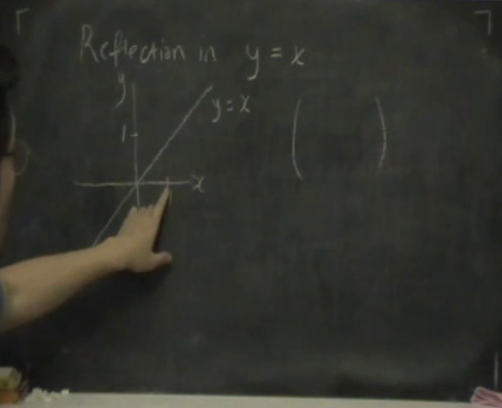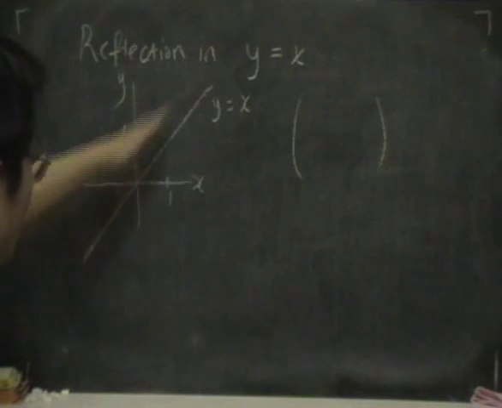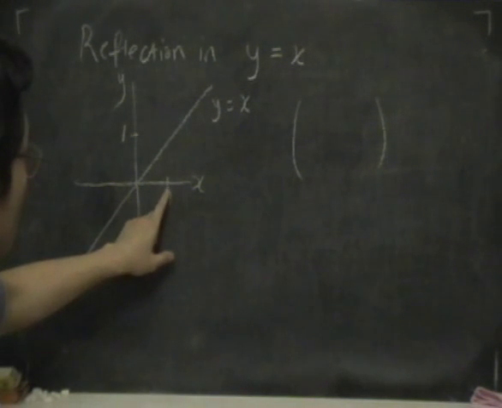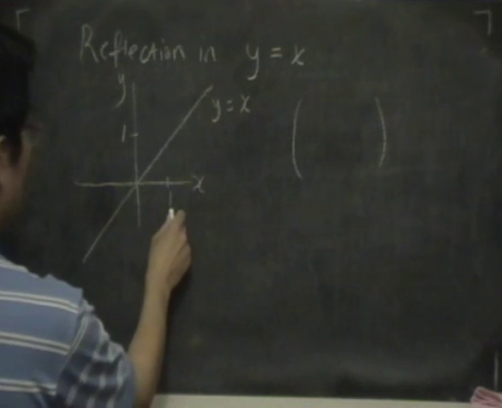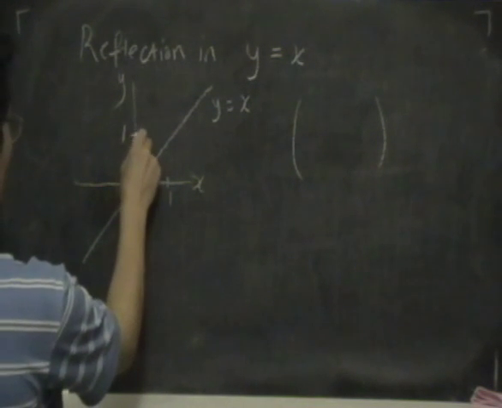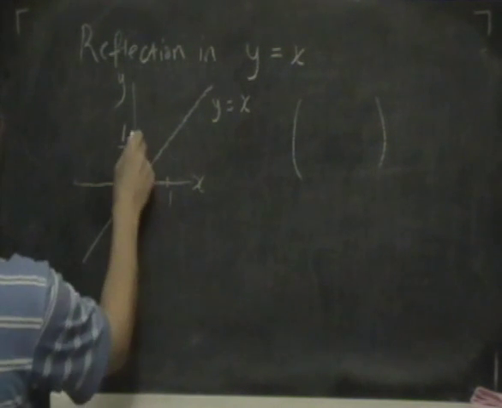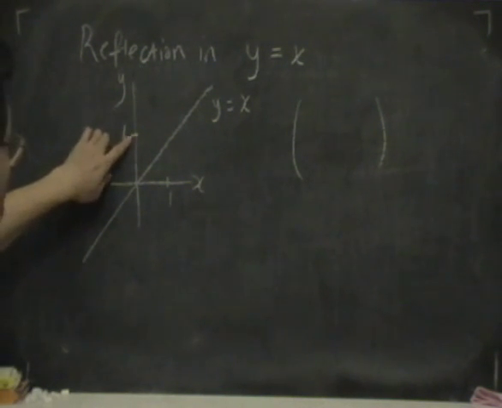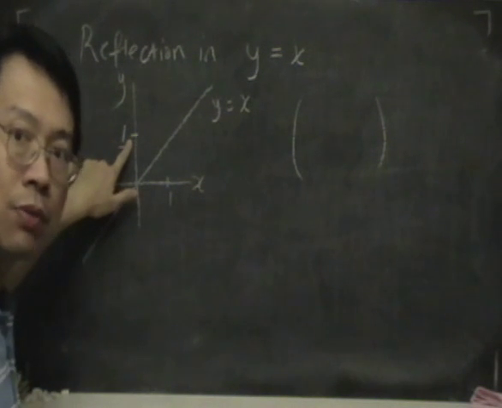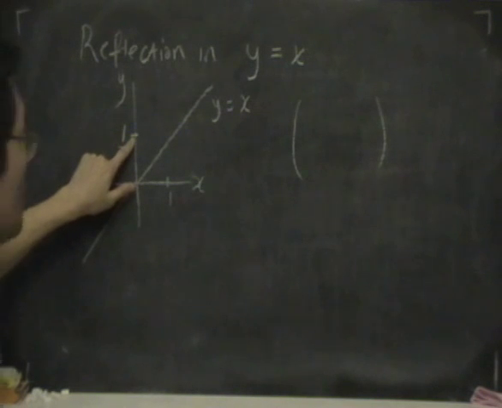Because that's a 45-degree line, the point 1 on the x will simply reflect to the point 1 on the y-axis. So that point is reflected to that point. So the first column would be the position of that point, which is 0, 1.